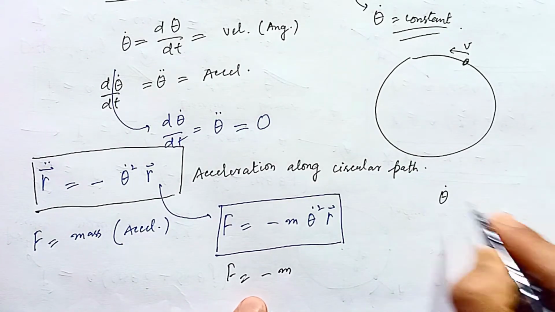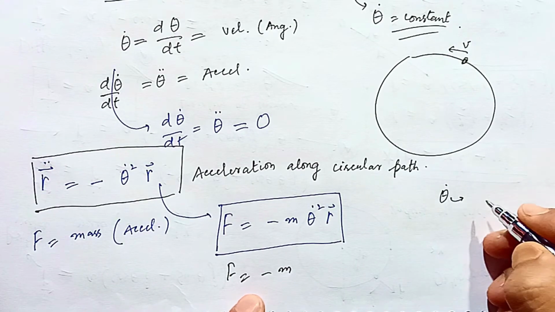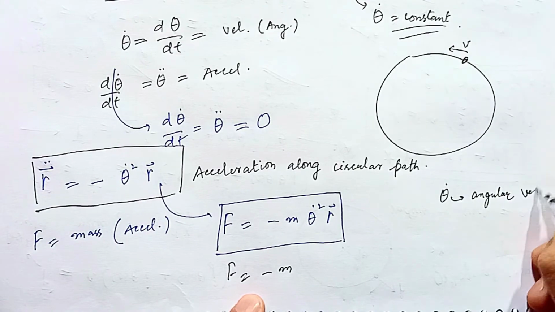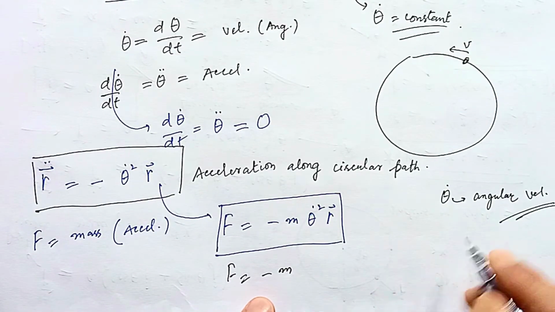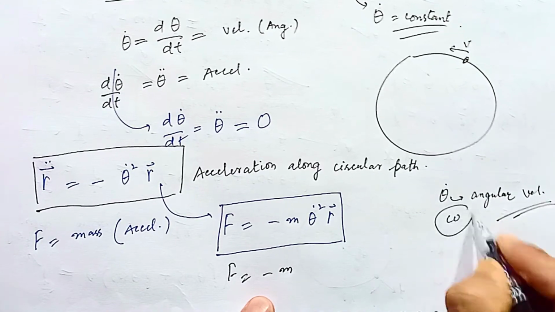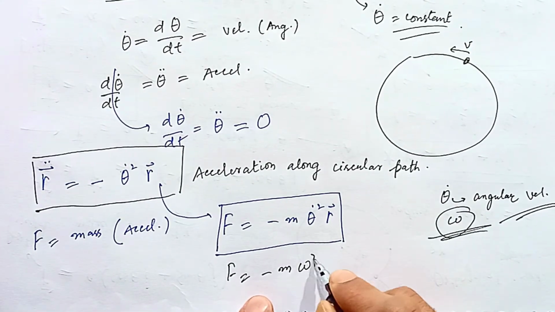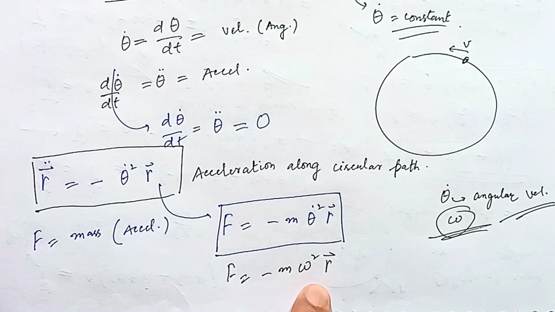What is theta dot? This is the change in the angle with respect to time, that is the angular velocity, which we also represent as omega. So F equals minus m omega square r vector.